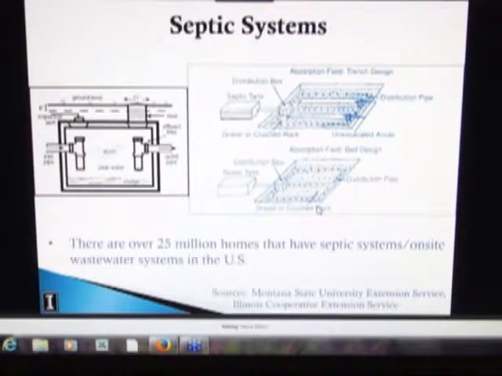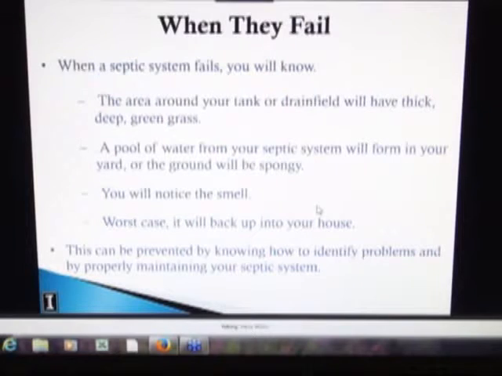So this natural system works really well by itself, and almost every system prior to 10 or 15 years ago was set up this way, assuming they had the right ground for that and had a place to do that. So when they do fail, you'll know it.